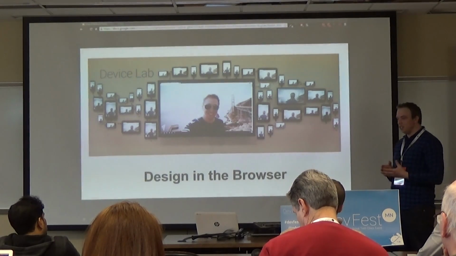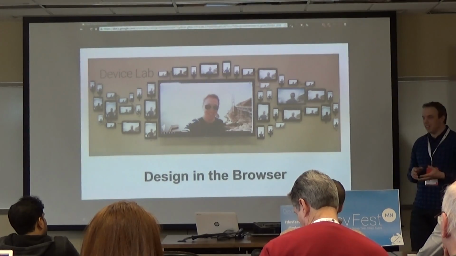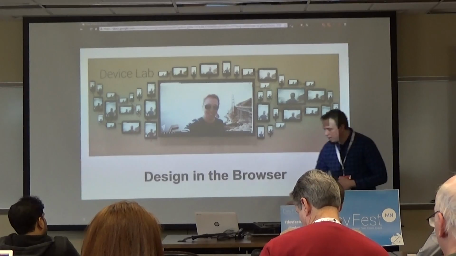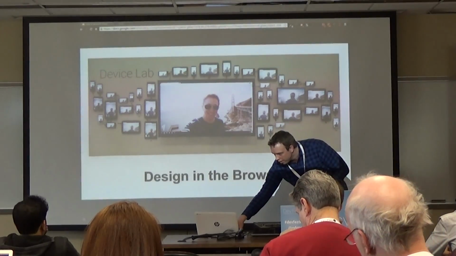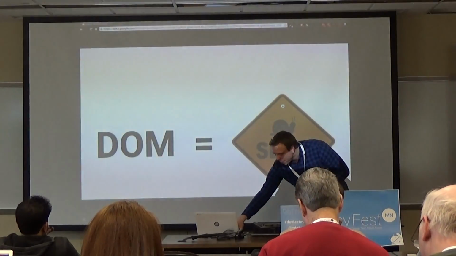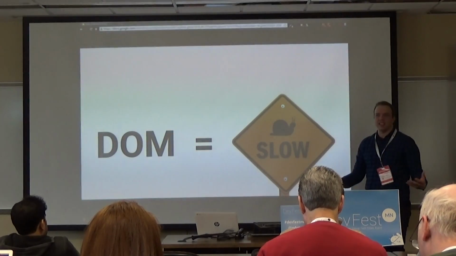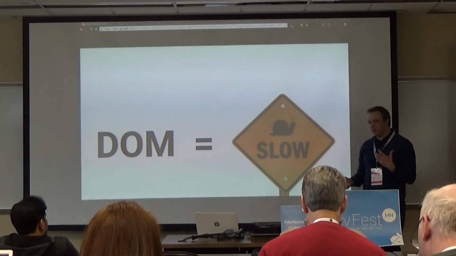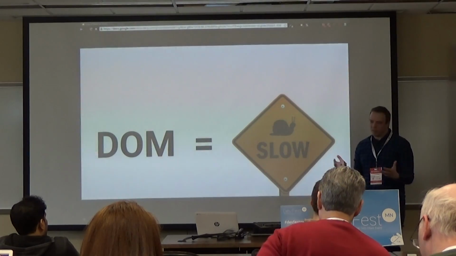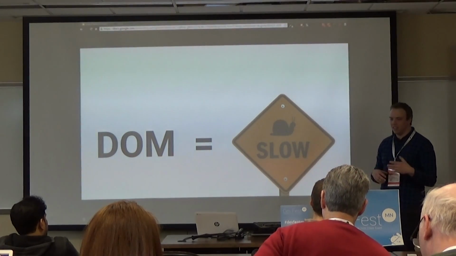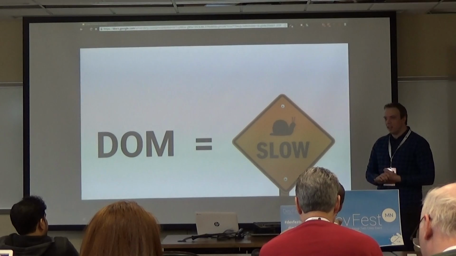One of the big challenges of developing in the browser is that the DOM is really, really slow. It can't handle a ton of things happening at once. It can handle animation, but it can't handle like a ton of animation and then loading in Ajax and JavaScript doing garbage collection.